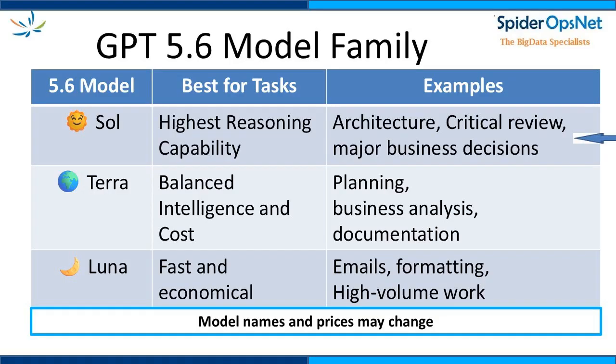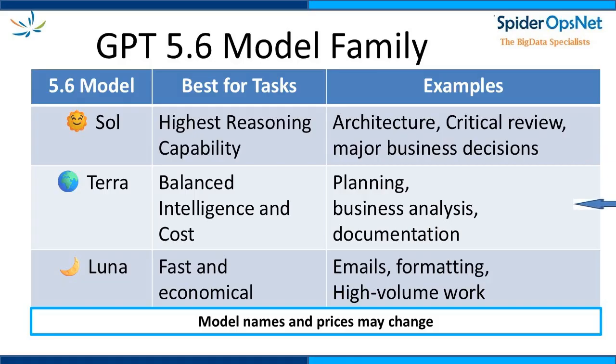Let us use OpenAI's latest GPT 5.6 family as an example. Sol is the flagship model. It is appropriate when the task requires the strongest reasoning, careful judgment, complex coding, or detailed verification.